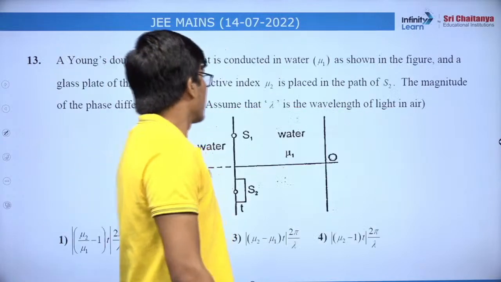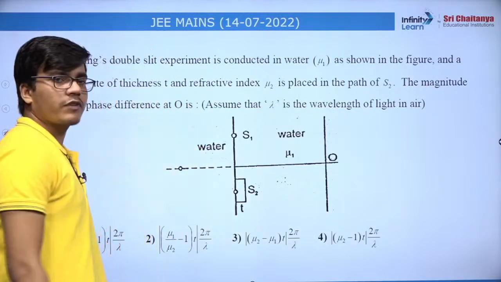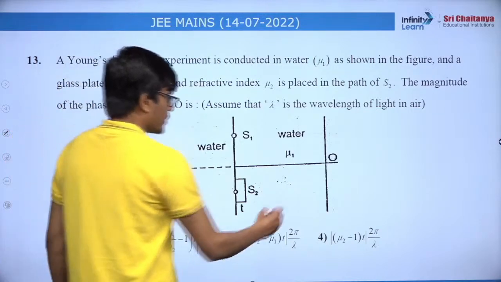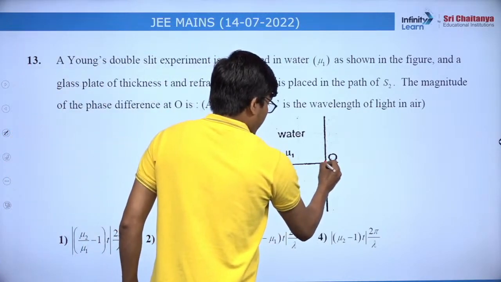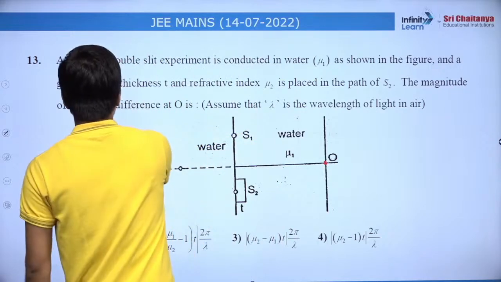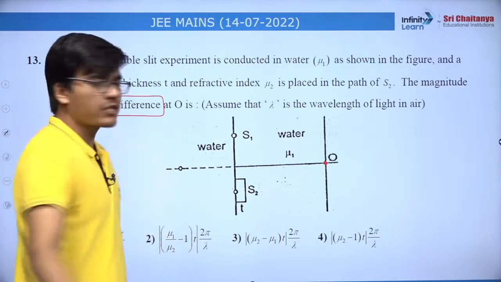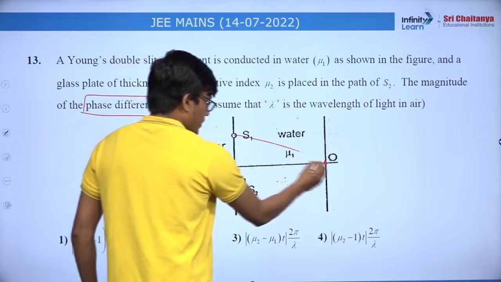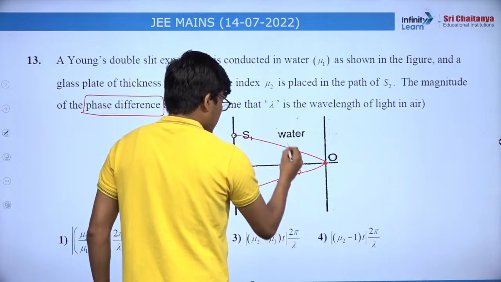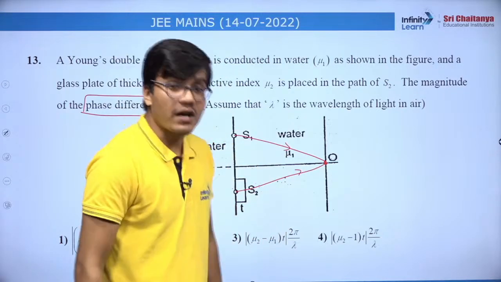Alright, moving ahead. This is the question from wave optics, and you need to find the phase difference, not path difference. Read the question very carefully. Phase difference at point O. So light will come like this, light will come like this. So first find the path difference.